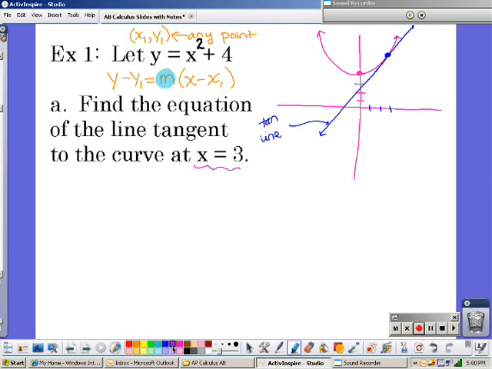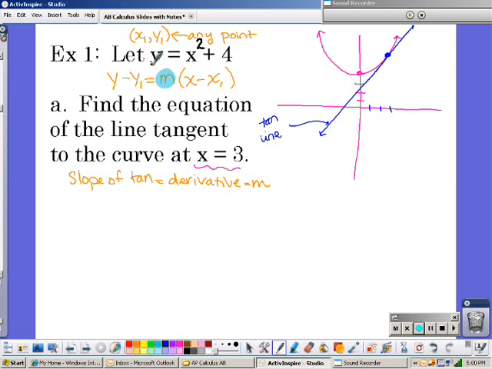And one of the things that we've learned in calculus is that the slope of the tangent just means derivative, which is going to give us our m. So to get us started, let's go ahead and take the derivative of our original function up here.